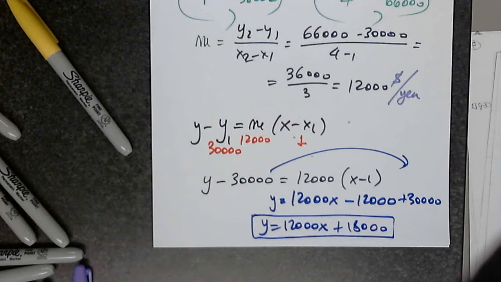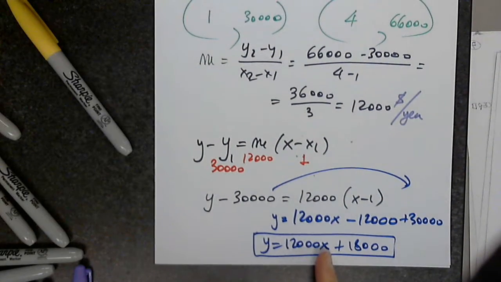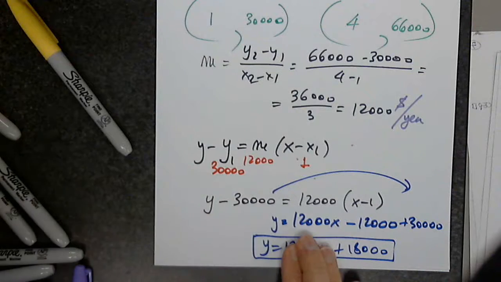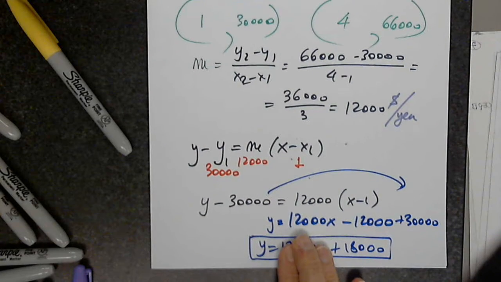What does this equation represent? It represents the equation that gives us the profit of this manufacturer for any x items that he produces. If he produces nothing, I guess he has to start with 18,000 somehow.